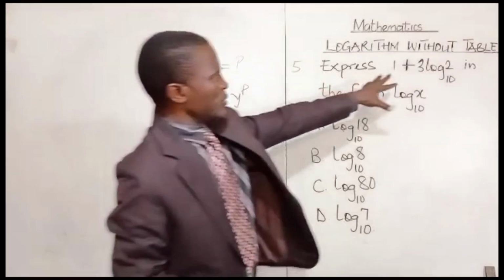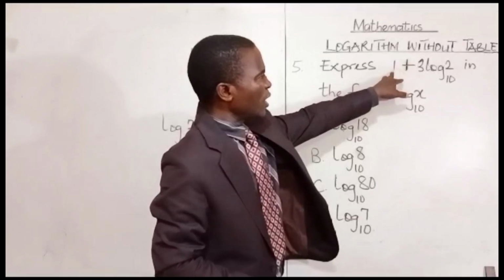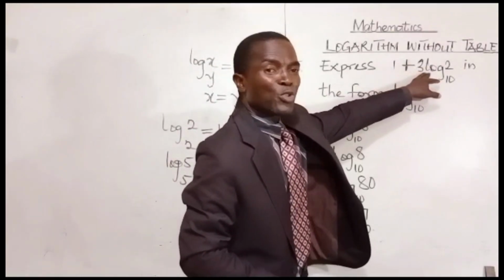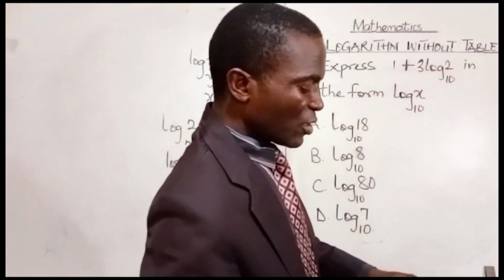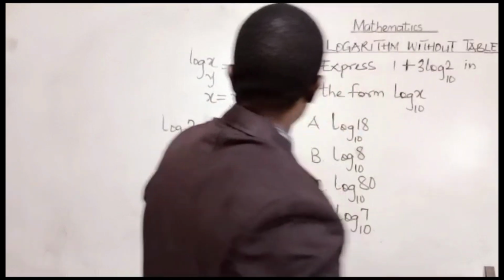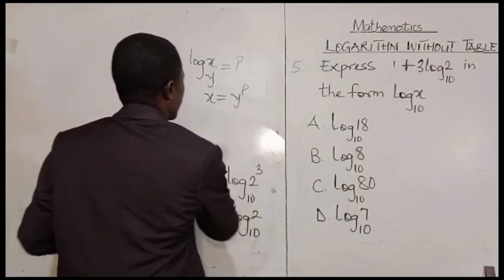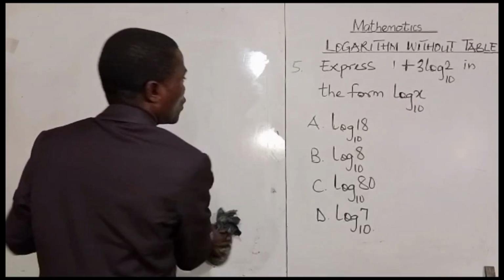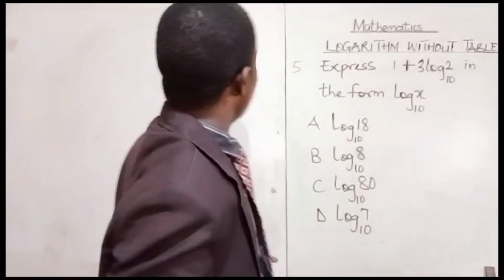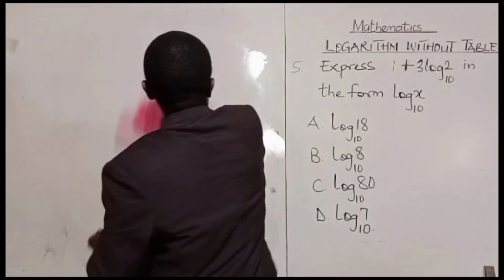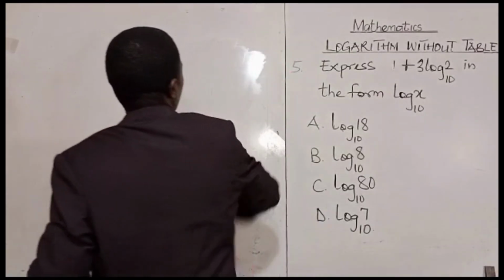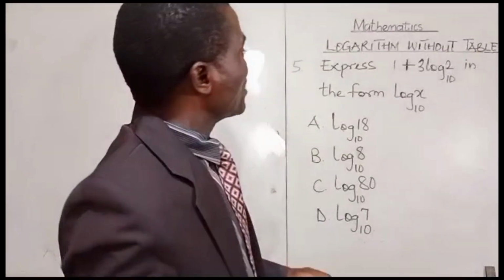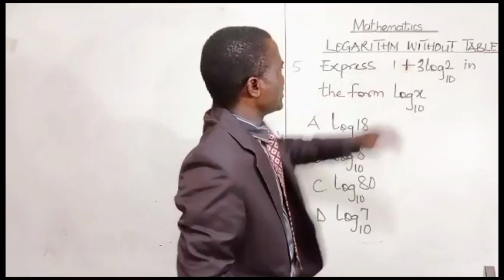Now from the question, we have the equal law and the power law to be applied. Let us see the way we are going to apply the two concepts. Looking at the question, we have 1.